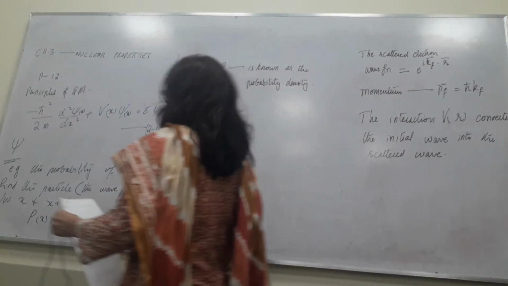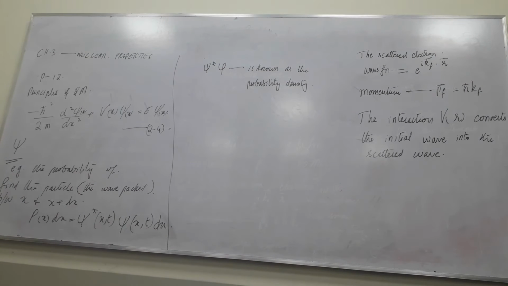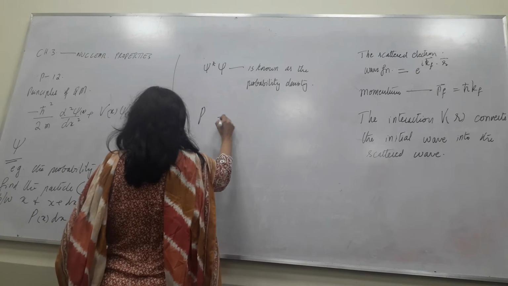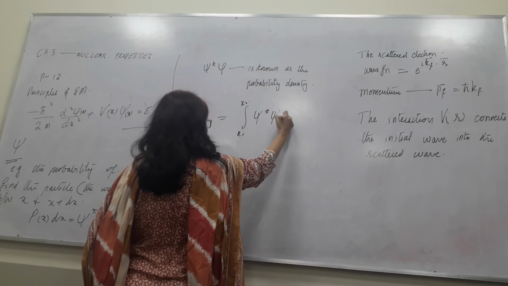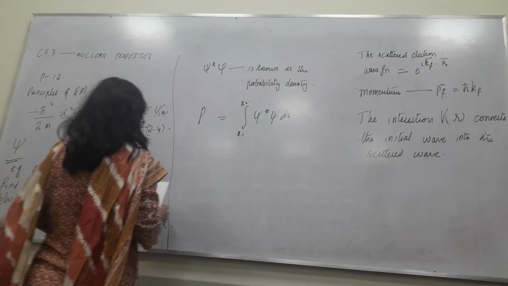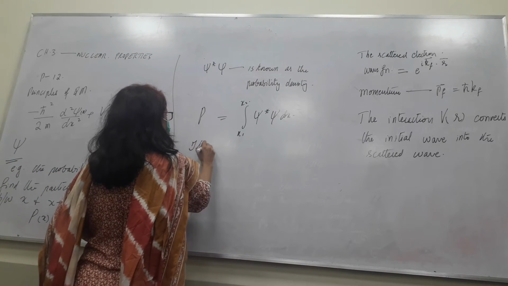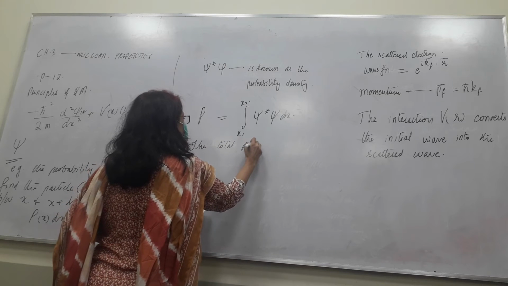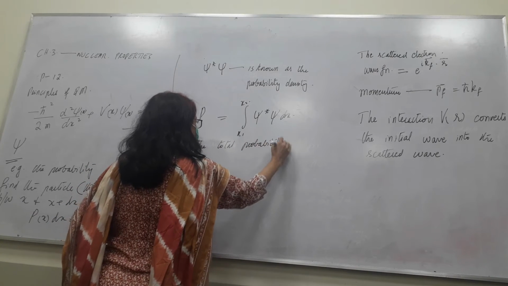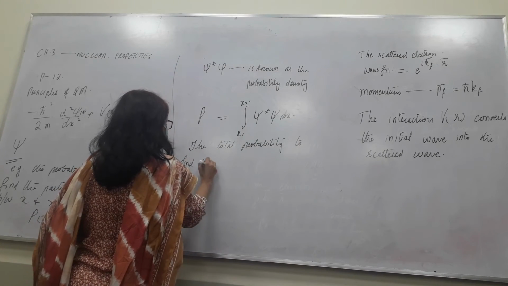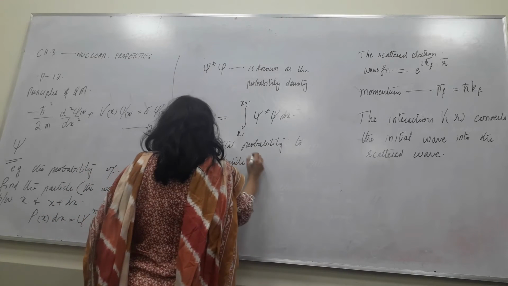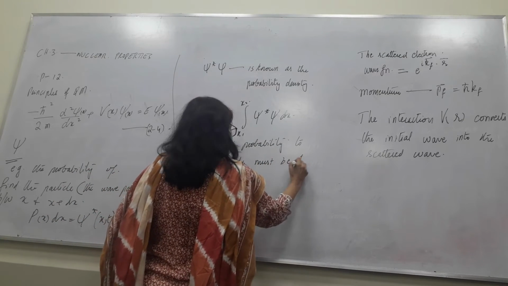So, if we want to find the probability to find the particle between the limits, let us say x1 and x2, then we can take the integral of these probabilities. So, we can write it in the form of an integral. And the total probability to find the particle must be one.